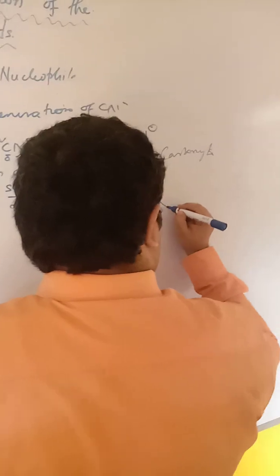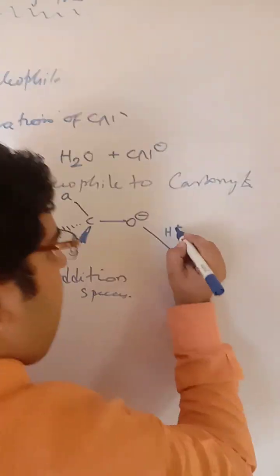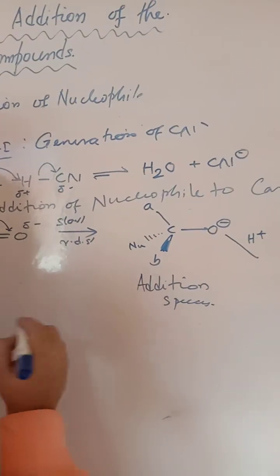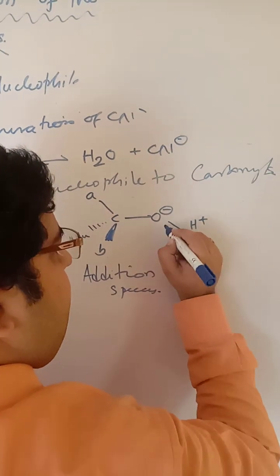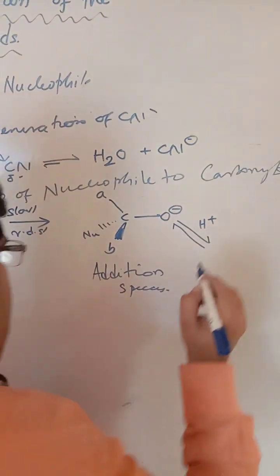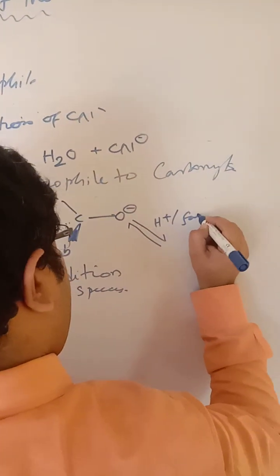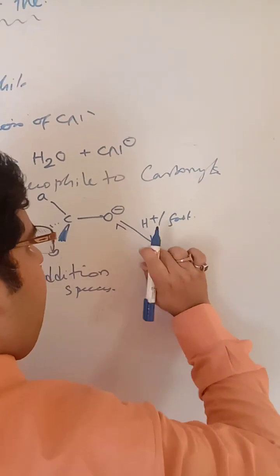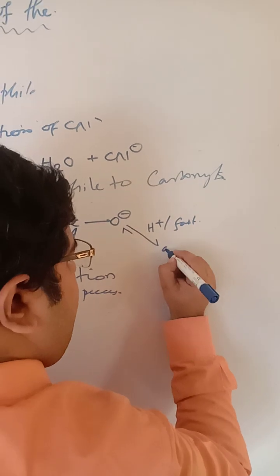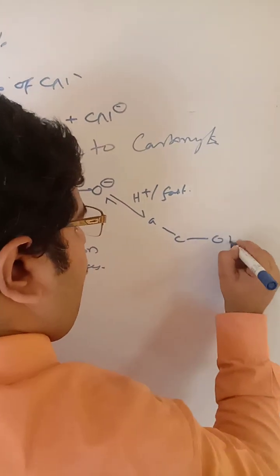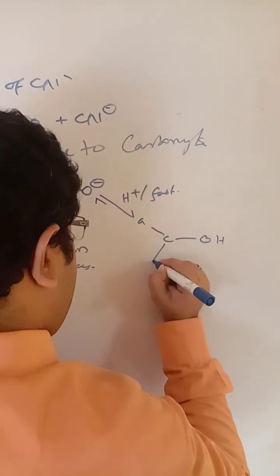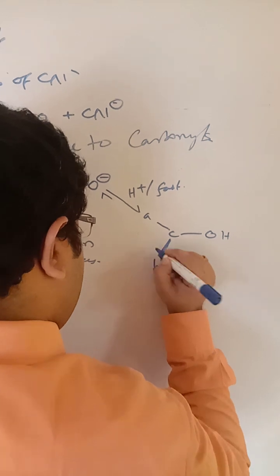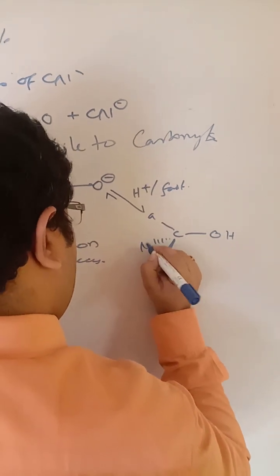Now when you add some acidified water, this is a reversible reaction and it is a fast reaction, and the product is favored. So you get A, this is OH, here this is B, and this is the nucleophile.